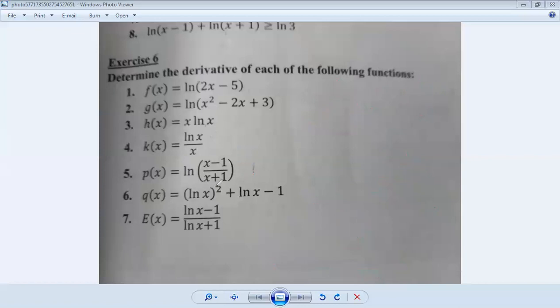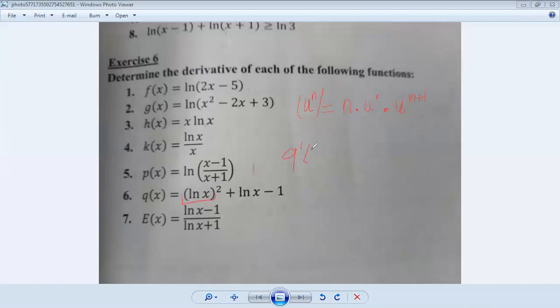q of x equals ln x squared plus ln x minus 1. Remember that the derivative of u to the power n is n times u prime times u to the power n minus 1, which we apply here to ln x squared.